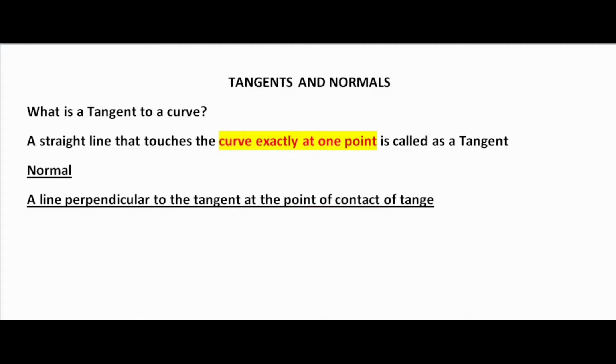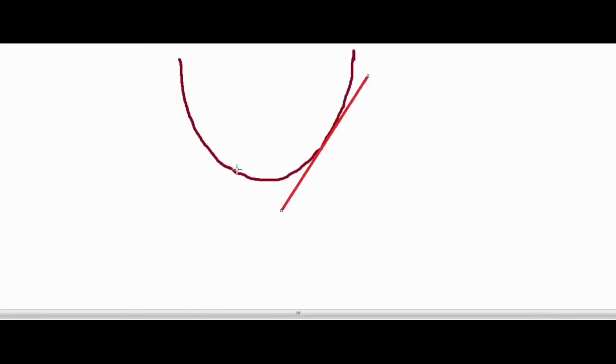Which point of contact? The point of contact of the tangent and the curve. So through the point of contact, draw a line perpendicular to the tangent, which is considered as the normal.